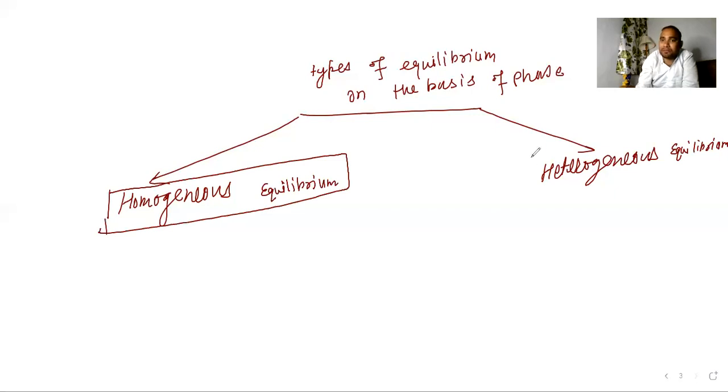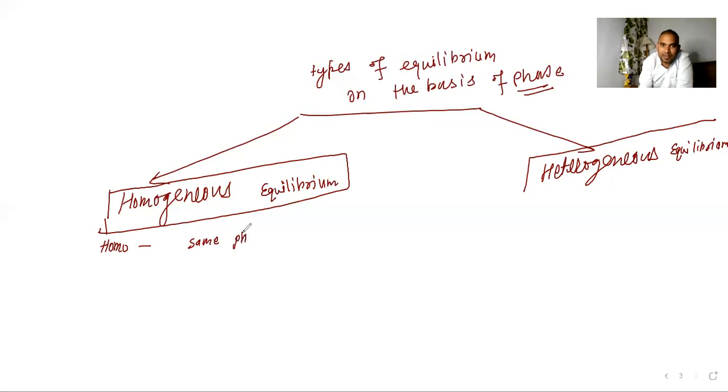When you talk about homo, homo means same. Now on the basis of phase, what will be the same phase of all species? All species means all reactants and products.